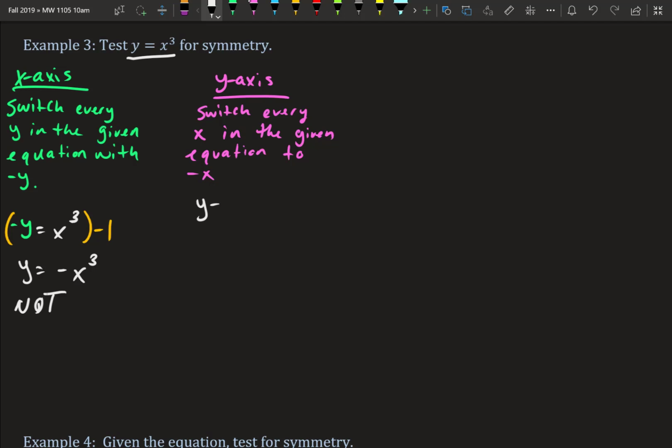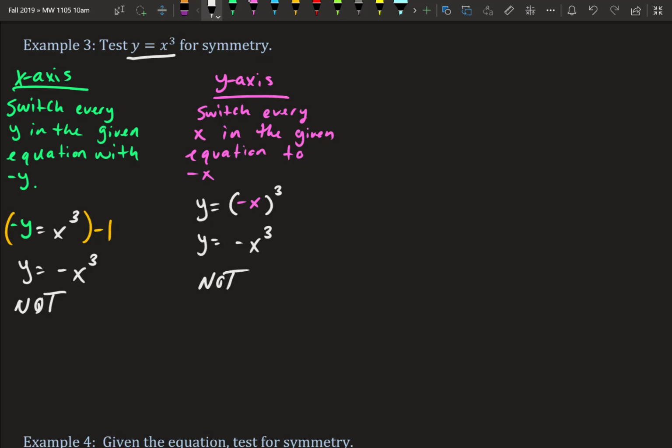So we have y equals (-x) cubed. Negative x times negative x times negative x is negative x cubed. Now, is that the same as the original? It is not. So it is not symmetric to the y-axis either.